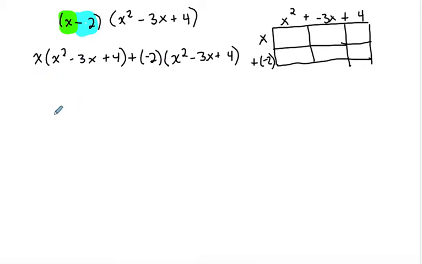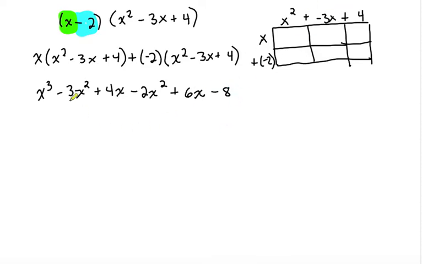So now if I multiply through a second time to do my double distribution, I'm going to have this first area, which will be x to the third minus 3x squared plus 4x. And then I'm going to be adding that whole thing to this negative 2 times x squared, so that's going to be a negative 2x squared. Negative 2 times negative 3x is going to give me positive 6x, and negative 2 times positive 4 will give me negative 8.